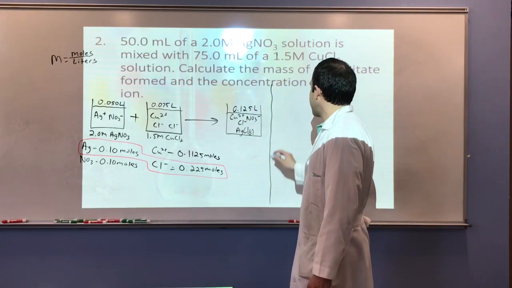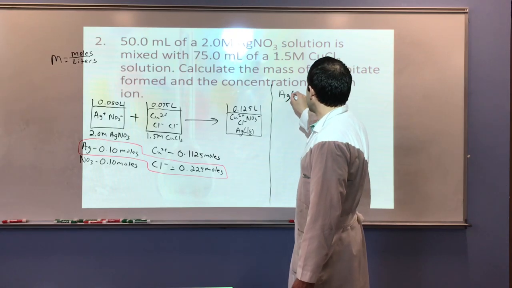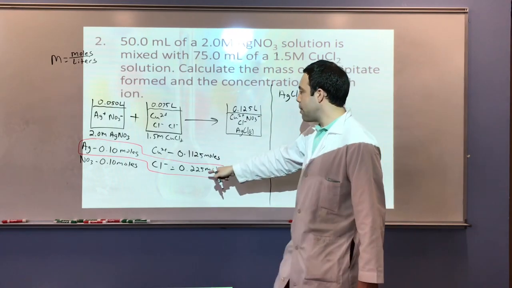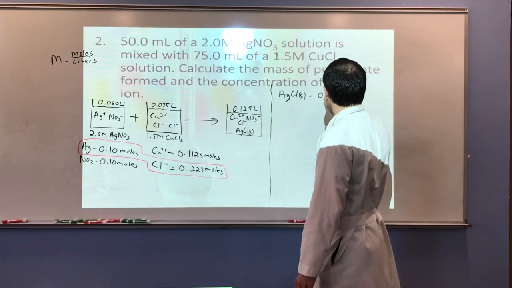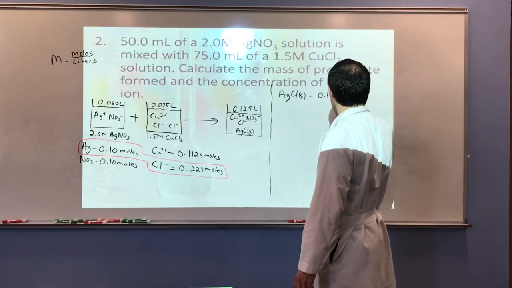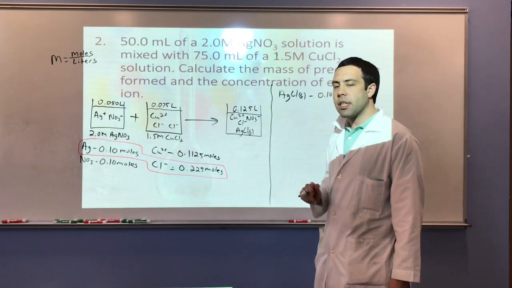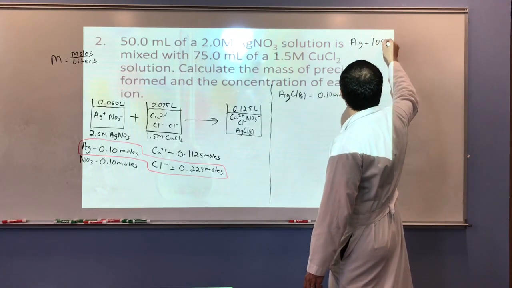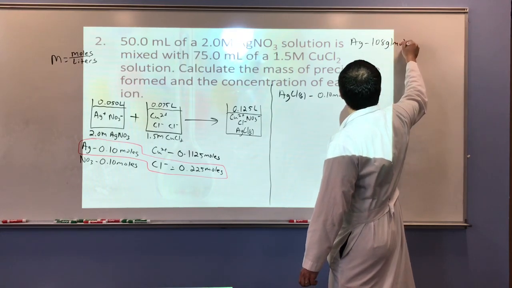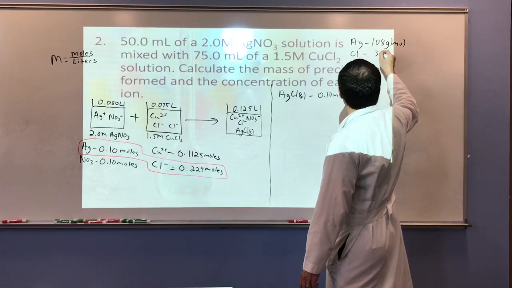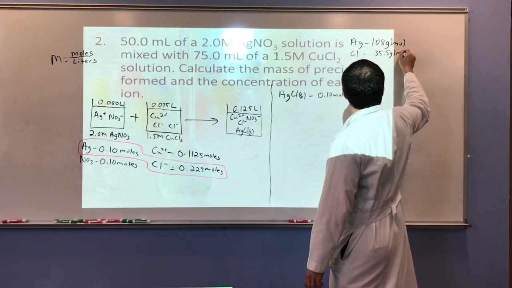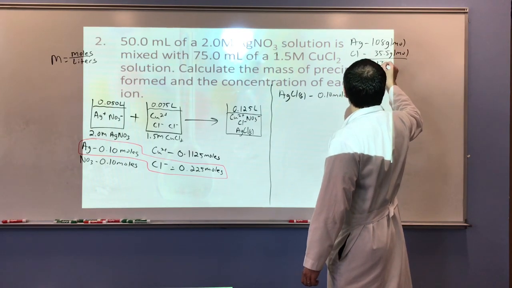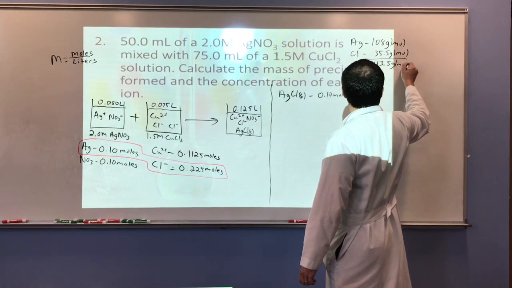So our next step is to find out how much silver chloride precipitated out. We have the limiting, which is 0.10 moles of silver chloride. To find the number of grams of silver chloride, we need the GFM. So silver has a mass of 108 grams per mole. Chlorine has a mass of 35.5 grams per mole. And when you add those two together, you get 143.5 grams per mole.